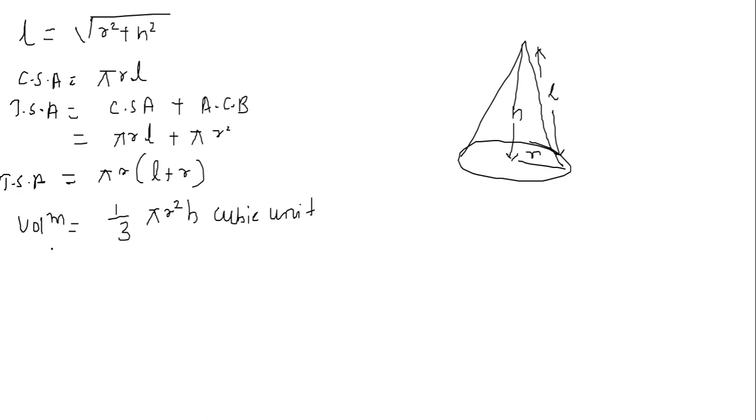So these are the few important formulas based upon which questions can be directly asked in the examination. Just be prepared for this and try to understand the formulas, do not just rectify all those. So the slant height, curved surface area, total surface area, and volume questions can be directly asked.